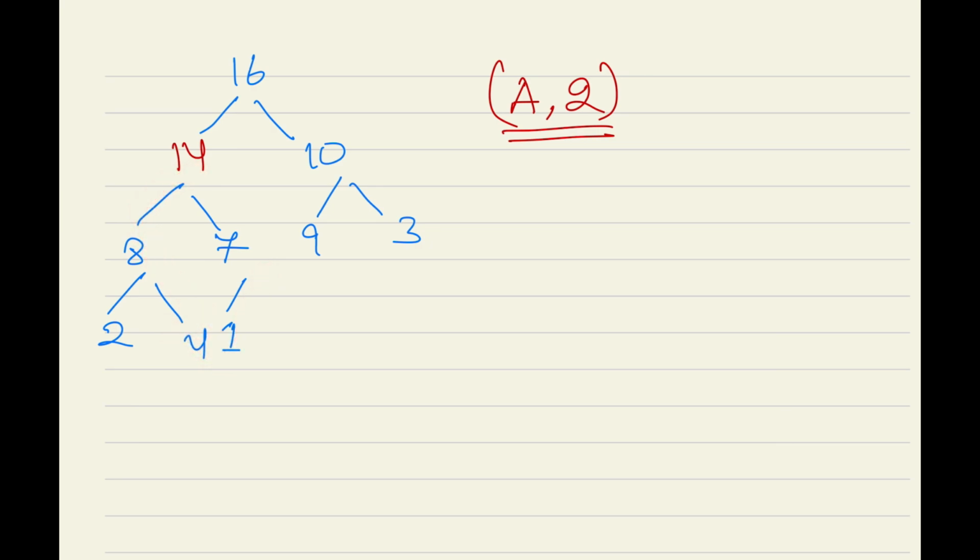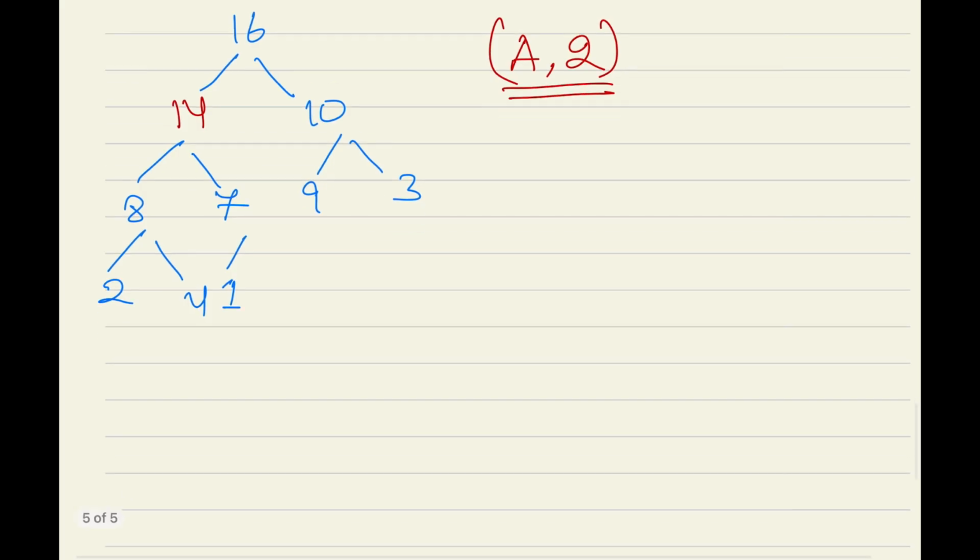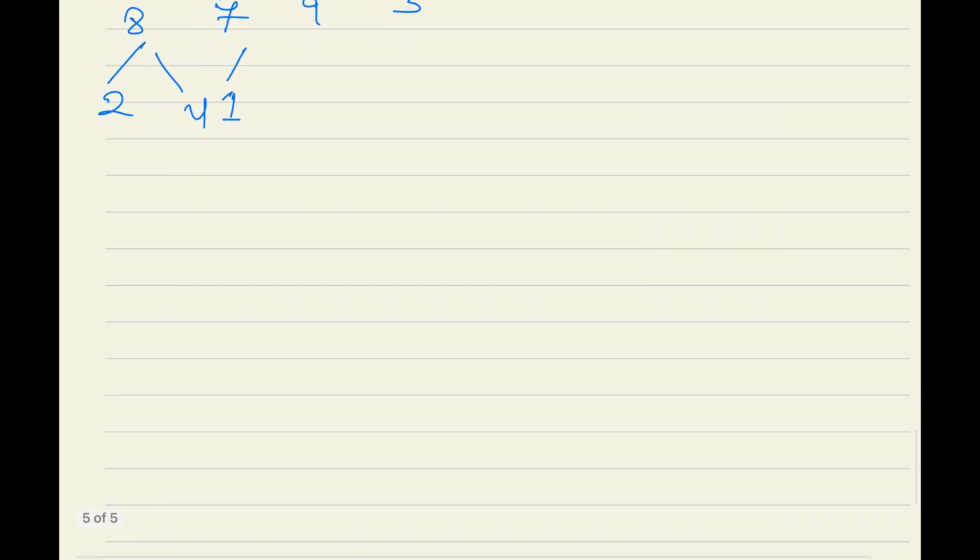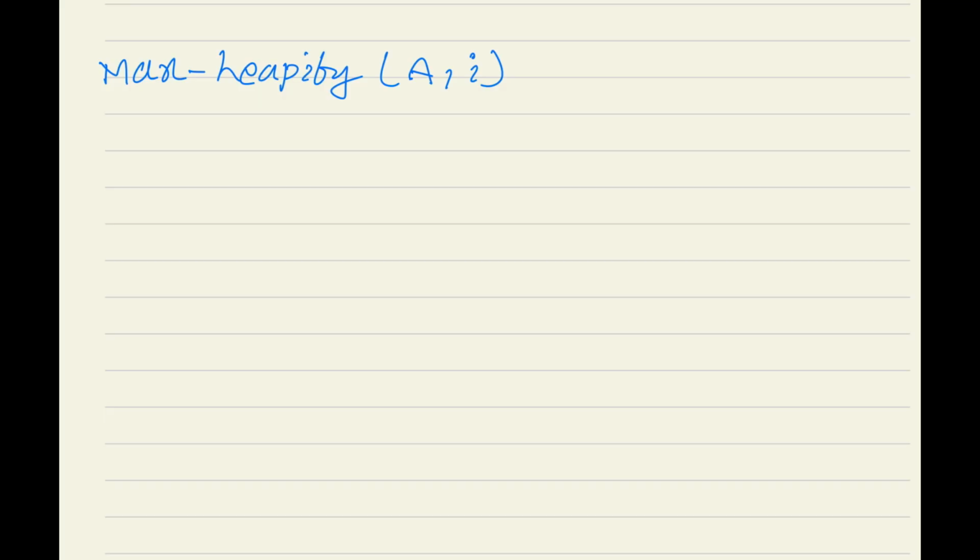Now formally we can write the steps for the Max-Heapify algorithm. I can write like this: Max-Heapify, and the inputs are A and I. I is the index where the Max-Heap property is violated, and A is the array that represents the heap.